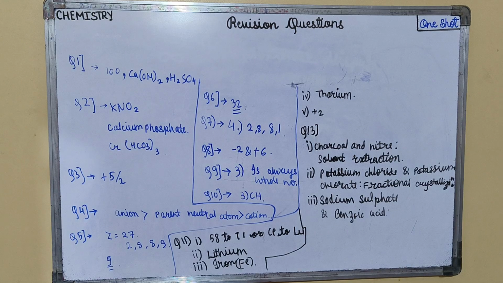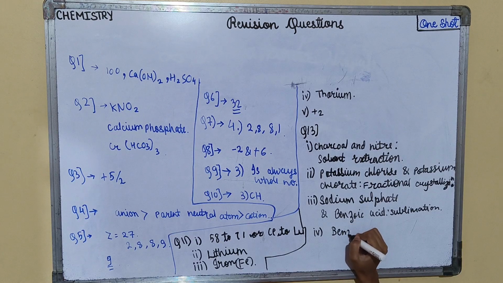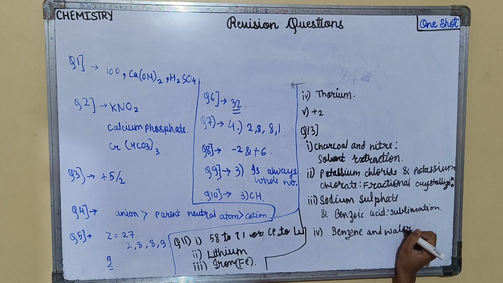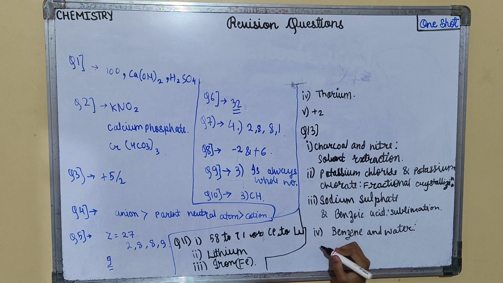This is the method of sublimation. Fourth is benzene and water. And the method is separating funnel.